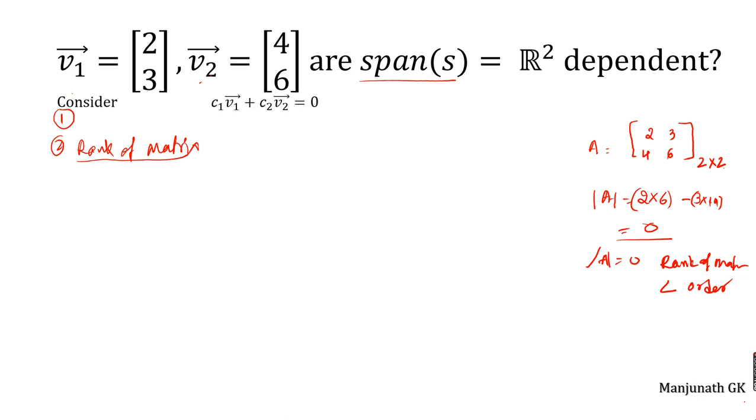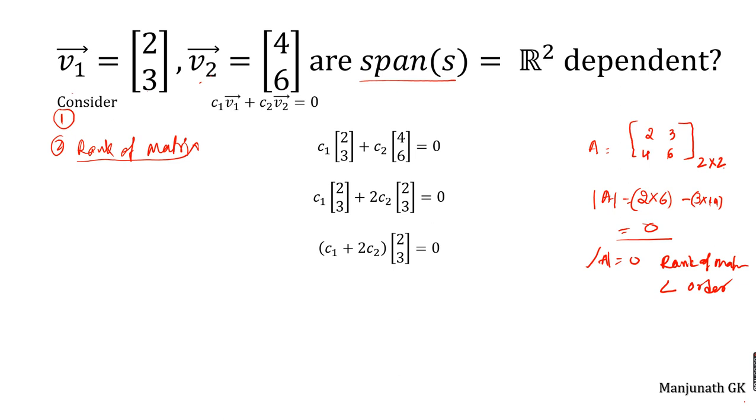Mathematically, let us prove it. They have asked for the span of the given two vectors. The span of the given two vectors is nothing but a linear combination of the vectors, c1 times v1 plus c2 times v2, equal to 0. So 2 times v1 is nothing but this v2 written here.